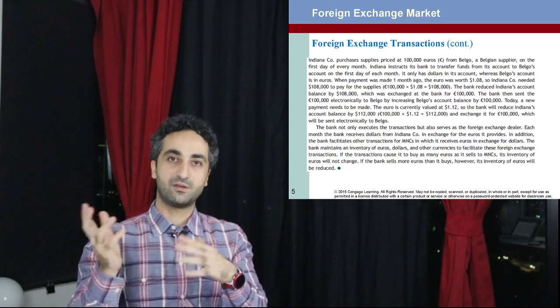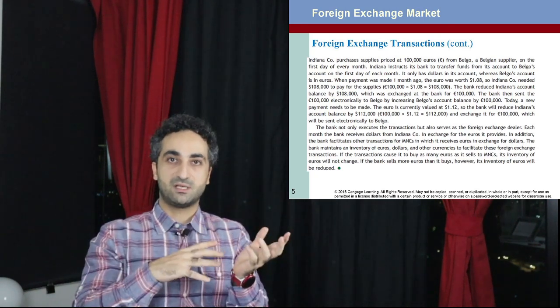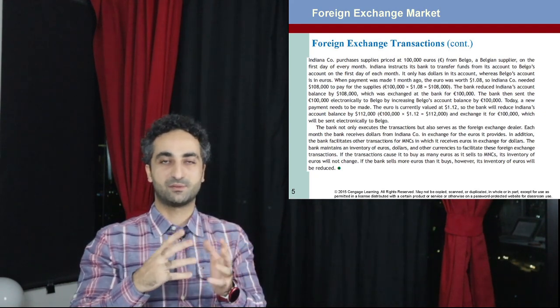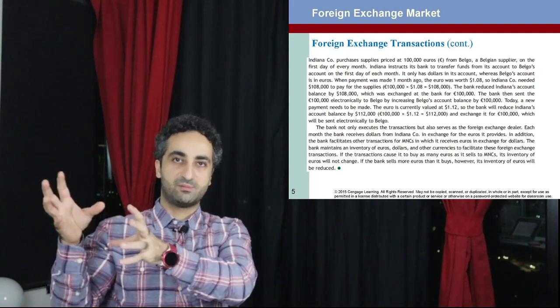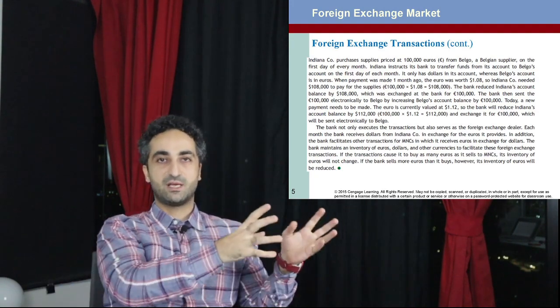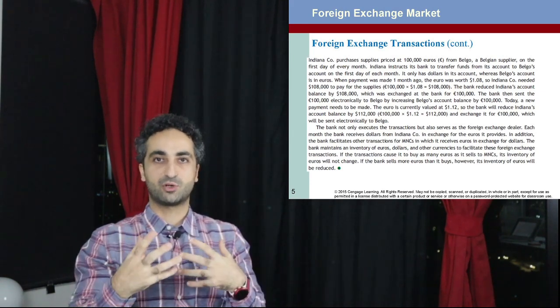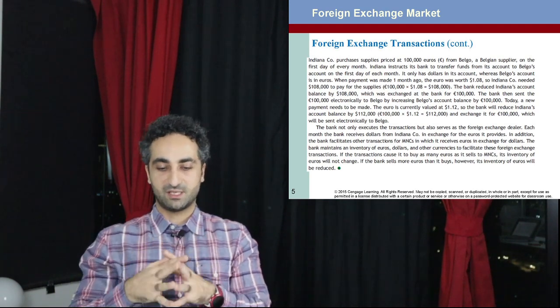Let's say we have other companies as well that needs USD in exchange for euros, same amount, 100,000. So in this situation, the bank would just basically take the money from A and give it to B. However, usually it's not the case. It's more complicated. You always need to keep some extra in case something happens.